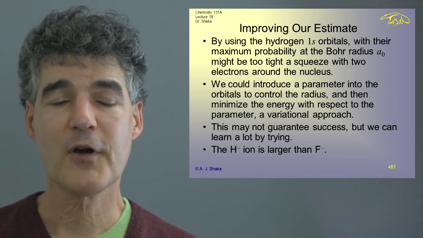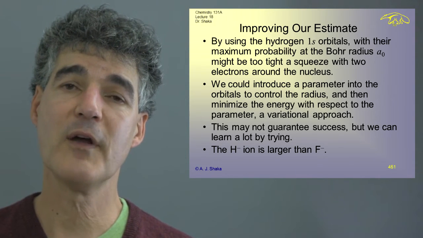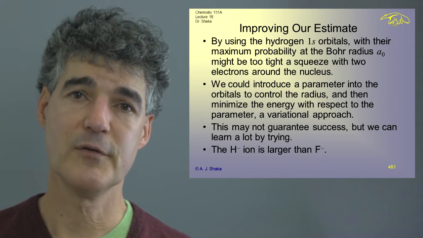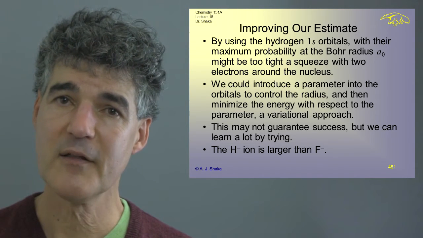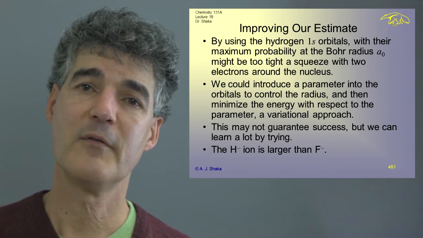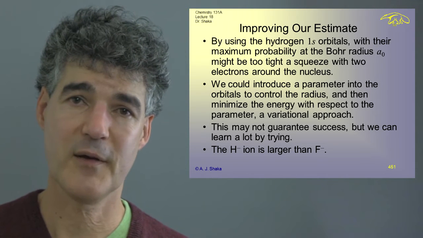We would use perturbation theory to correct the wave function, but why don't we correct the wave function with physical intuition? Why don't we introduce an artificial parameter into the orbitals that controls their radius? Before, we had the wave function e to the minus r1, for example.